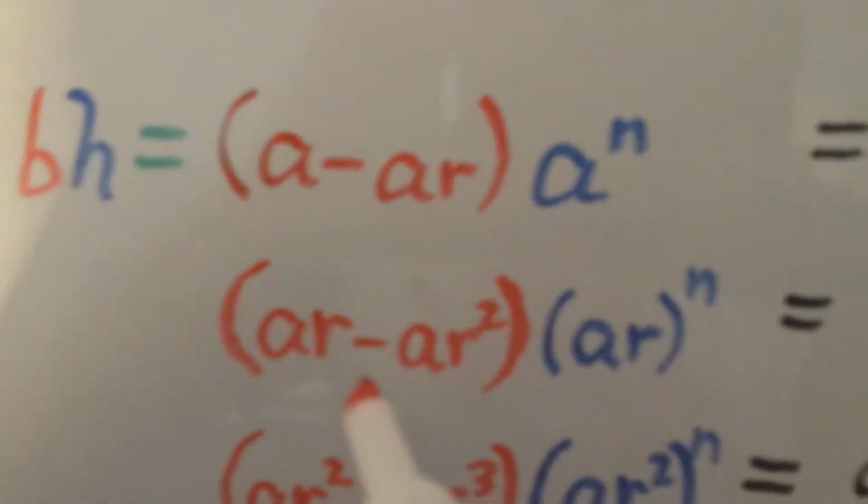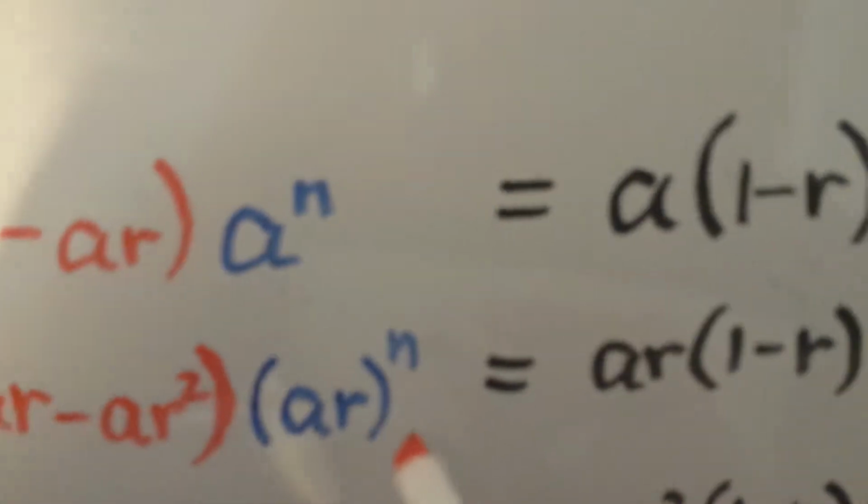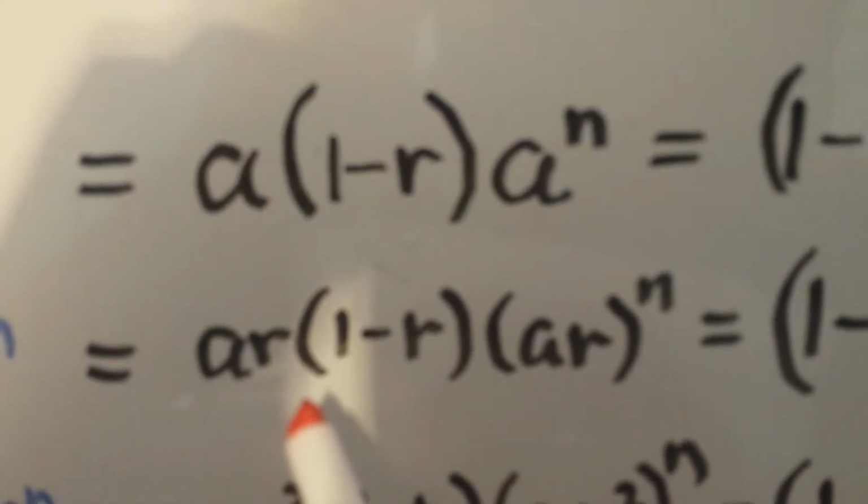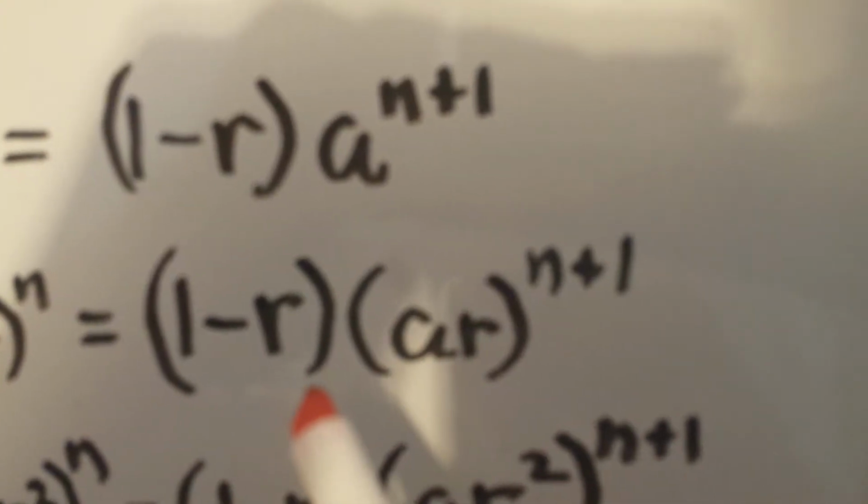The next rectangle, this would be the area. Factor out an ar, and then we get 1 minus r times ar to the n plus 1.